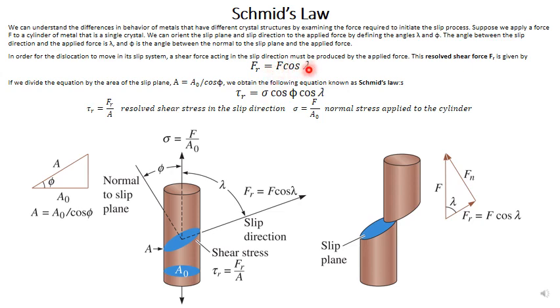And for the other term, F cosine lambda divided by A naught over cosine phi. F over A naught is the tensile stress. And cosine phi goes up, so we get resolved shear stress equals sigma, the tensile stress, times cosine phi times cosine lambda. And this is Schmidt's law.